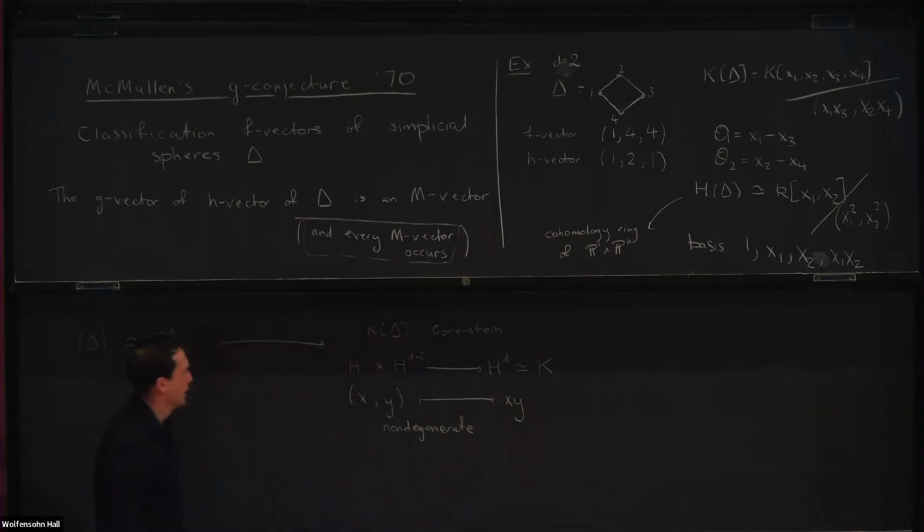Okay, so it's saying the I piece and the D minus I piece are dual to each other. So in particular, if we go back to simplicial complex land, the H vector in this case is the Hilbert series of this guy, so the Hilbert series is symmetric.